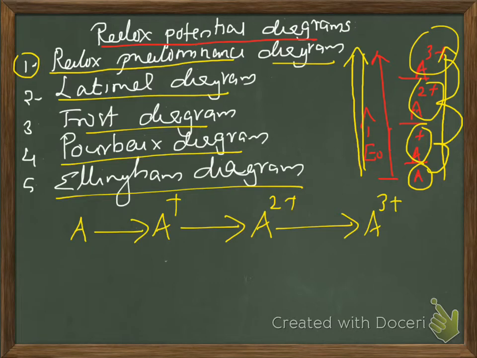When we come to Latimer diagram, this is actually not a diagram, this is a writing of various species of the element in decreasing order of their oxidation number.